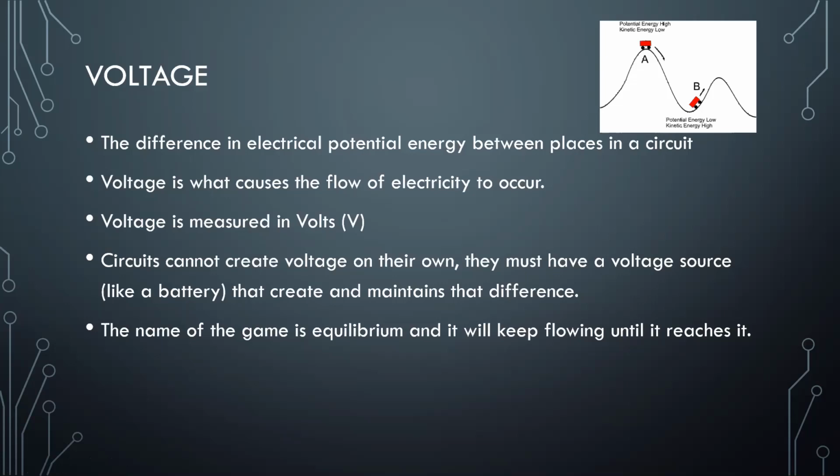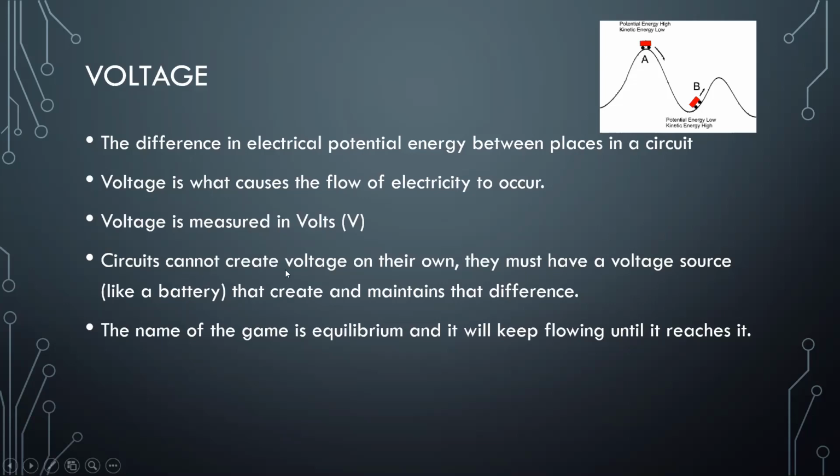But because of voltage, where you have a change in potential energy from one place to another, that's what's causing that electrical flow, that circuit, which is what we want, because that's how you get things like your refrigerator to run, or your phone battery to charge, or the lamp to turn on. That flow from a low area of potential energy to a high area happens because the circuit is always trying to reach an equal amount of charge.